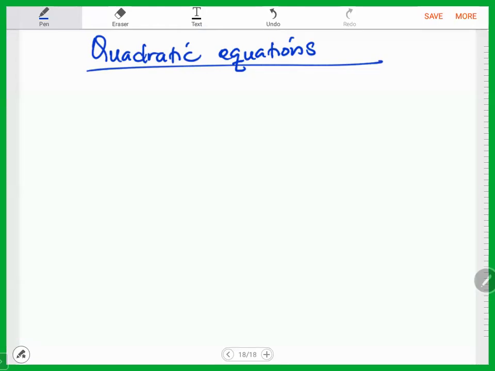But solving quadratic equations, again, we have a number of different methods: we can use the formula, we can use factorization, we can use completing squares, and we can also use the graphical method. But it looks like we don't have enough time, so I guess we can end at that. Thank you, lecturer. On Friday as we meet, we shall start from there.